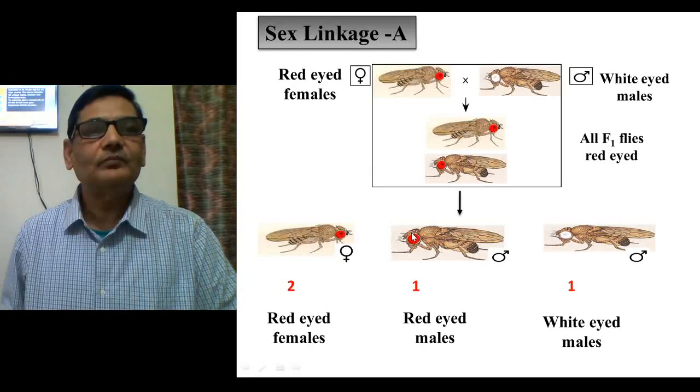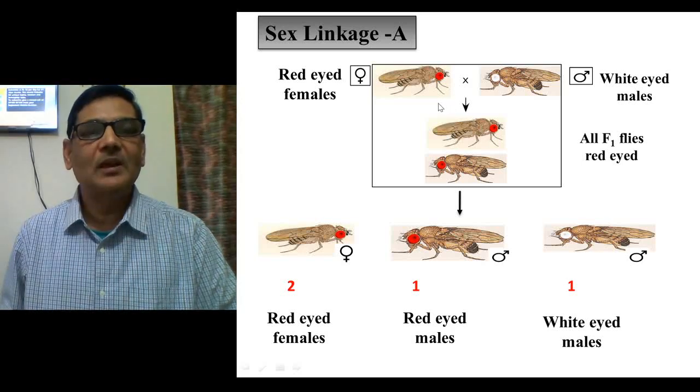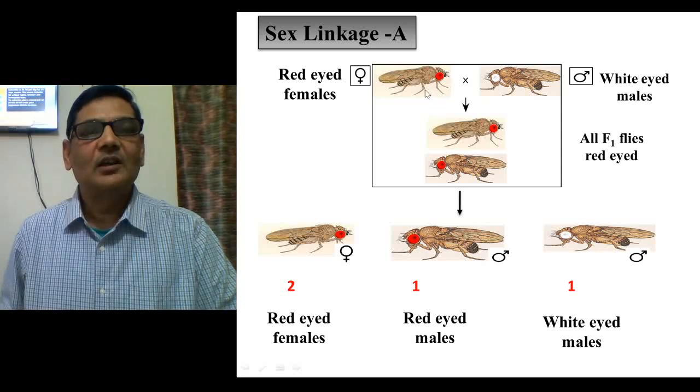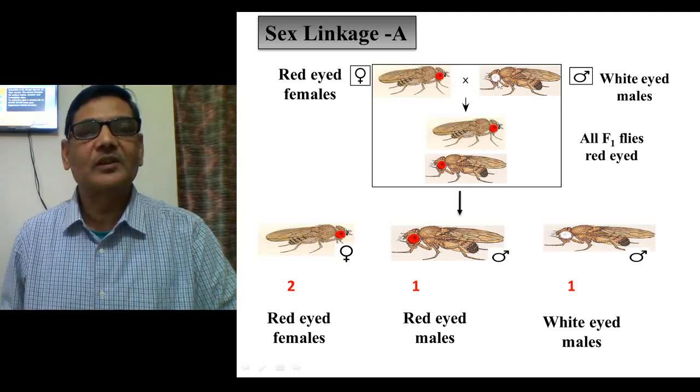Now, here is a particular class. In this class, you can see how sex-linked genes get inherited. Simply, I am showing the cross which has been made between the two sexes of Drosophila flies, and the results which have been obtained in F1 and F2 generations.